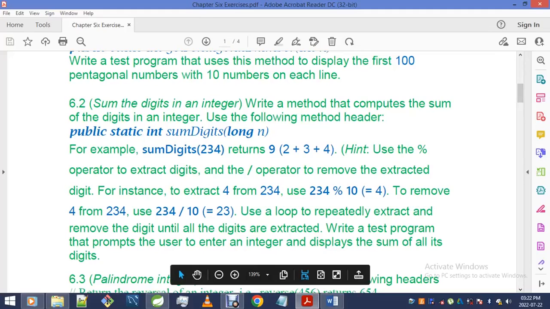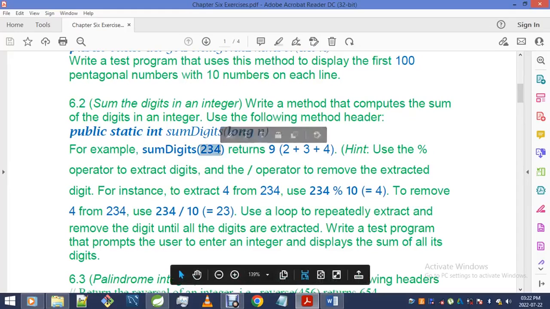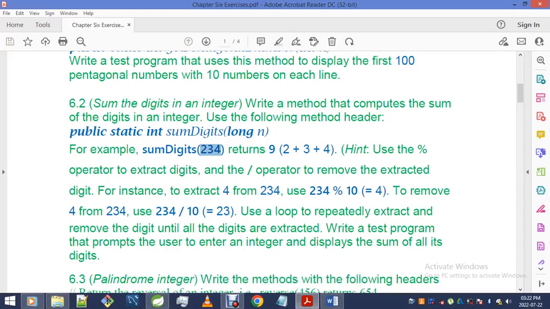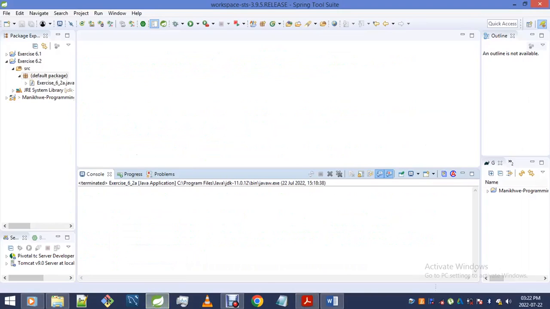essentially we're computing the sum of digits here. So suppose we're given a number like 234. The method that we are required to implement is the one that will give us the sum of those digits.